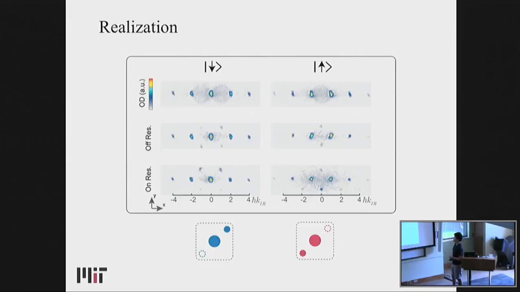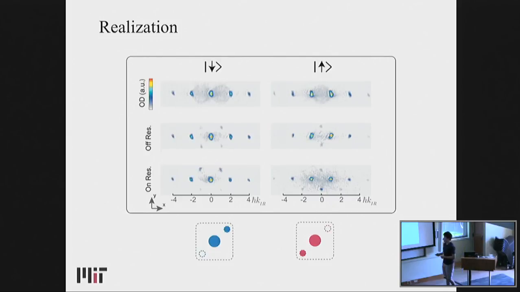Similarly, if we started with the spin up state, when the Raman detuning is off resonance, we see a symmetric population distribution in the top and bottom lines. But once we hit the resonance, the population is enhanced in the bottom line instead of the top line, which is the opposite of the case when we start with the spin down state.